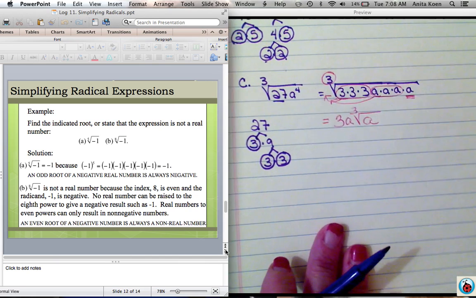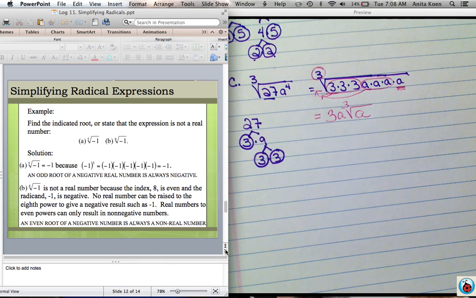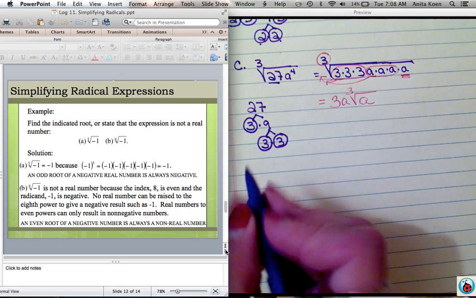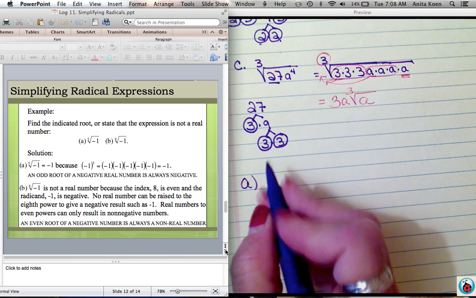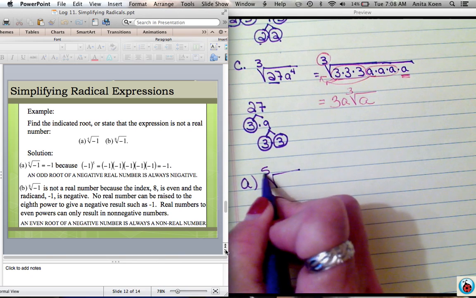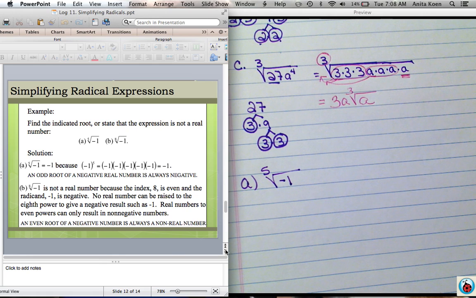Okay, let's look at this. Find the indicated root or state that the expression is not a real number. Okay, letter A. I'm going to move this up just a little bit. Letter A, the 5th root of -1.